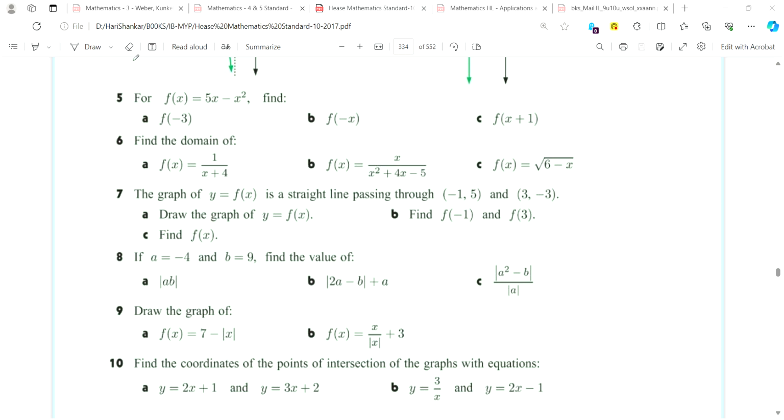When I solve it for 0, it is quadratic. I made two factors, x plus 5 and x minus 1, equal to 0. When I solve x plus 5 for 0, my x would be minus 5. If I solve x minus 1 for 0, my x will be 1. So minus 5 and positive 1 are those x values which will not be part of my domain for this function.